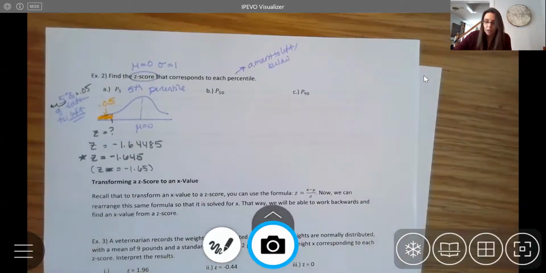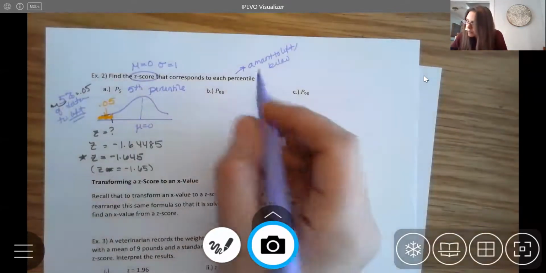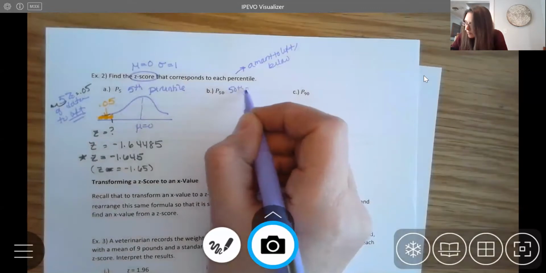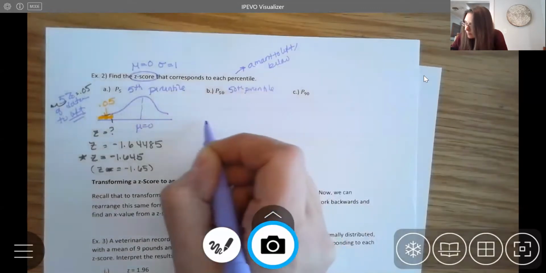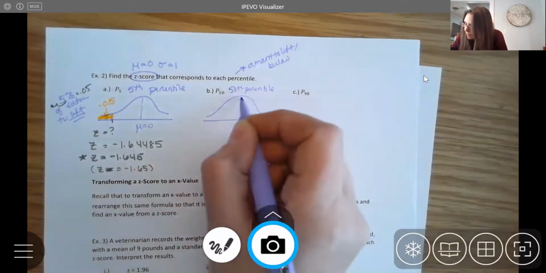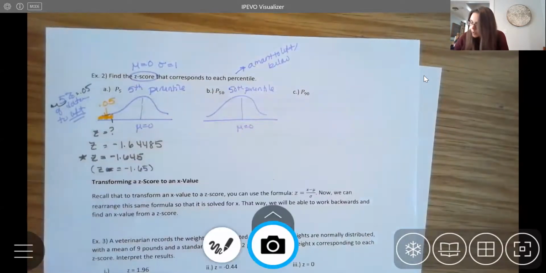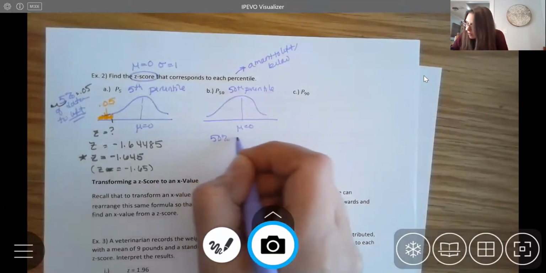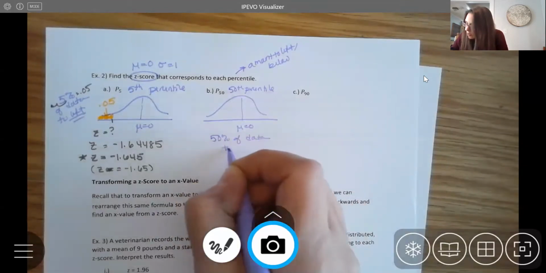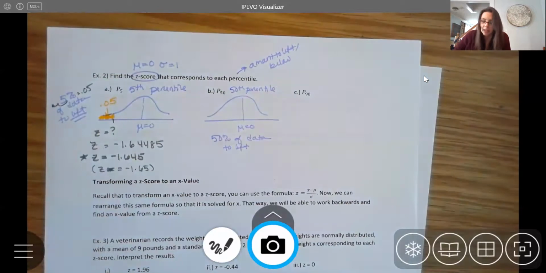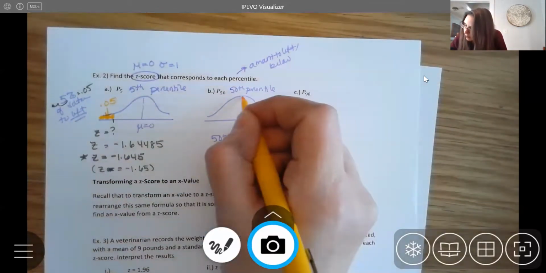All right. So for the next one here, we're looking at the 50th percentile. So 50th percentile means that you have 50% of data to the left of that cutoff point. Now, 50% of your data is going to be right here at this mark.